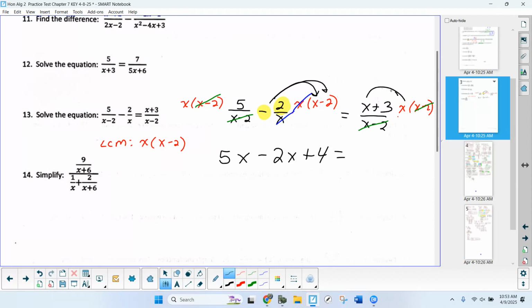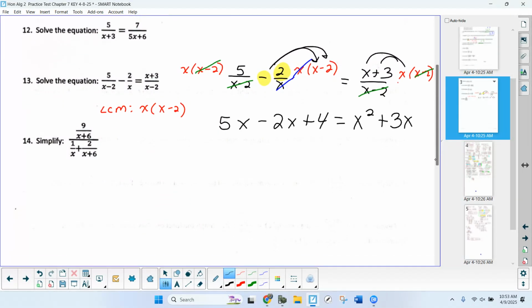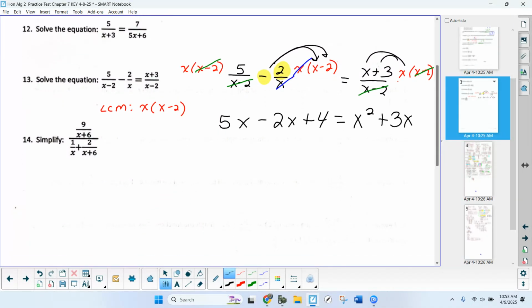I'm going to distribute x. What do you get? x squared plus 3x. Now, are my denominators gone? Yeah, why? Because they all canceled. I have nothing left in the denominator. I have an x squared over here. Well, what's 5x minus 2x? 3x. This is quadratic.